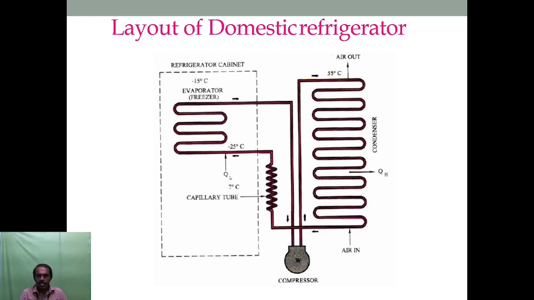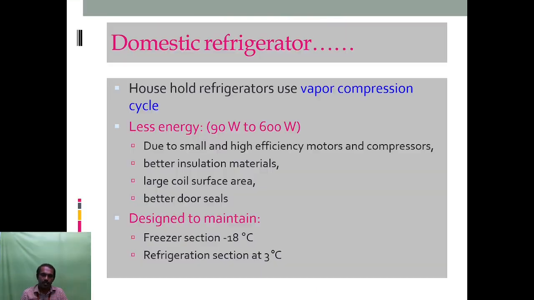Here is the fridge. As I already told, it has a compressor, condenser, evaporator, and expansion valve. Ammonia refrigerant is used for the fridge. I already told about the cycle of refrigeration. The household refrigerator uses the vapor compression cycle.